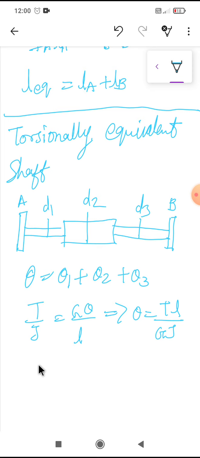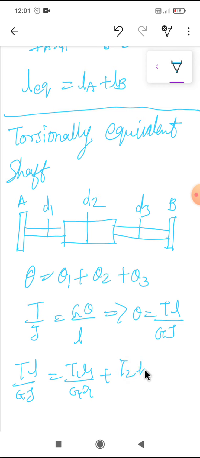First I will write that TL by GJ is equal to T1 L1 by G1 J1 plus T2 L2 by G2 J2 plus T3 L3 by G3 J3.